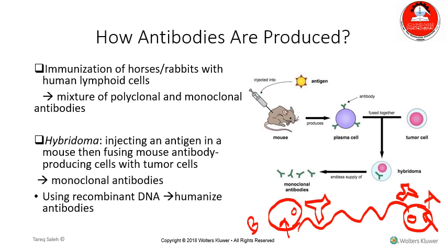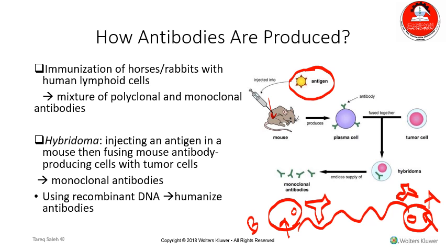This involves that you inject the antigen of choice that you want to generate those antibodies against into the animals, usually mice. Then the mouse will activate its immune system against that foreign antigen, and its immune system will produce antibodies.